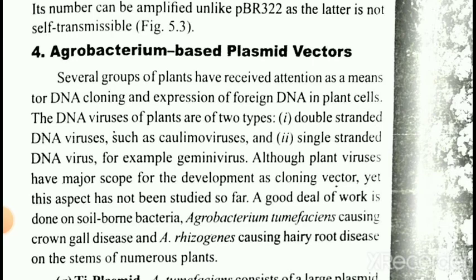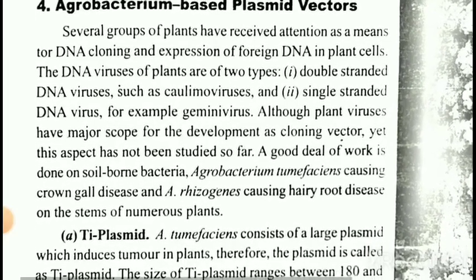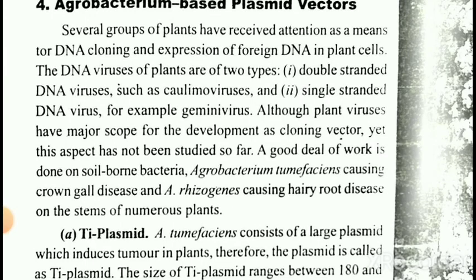5.3. 4. Agrobacterium-based plasmid vectors. Several groups of plants have received attention as a means toward DNA cloning and expression of foreign DNA in plant cells. The DNA viruses of plants are of two types: 1. Double-stranded DNA viruses, such as caulimoviruses, and 2.